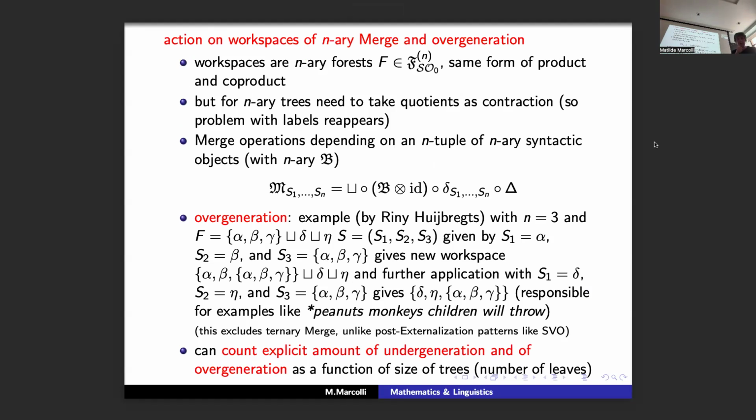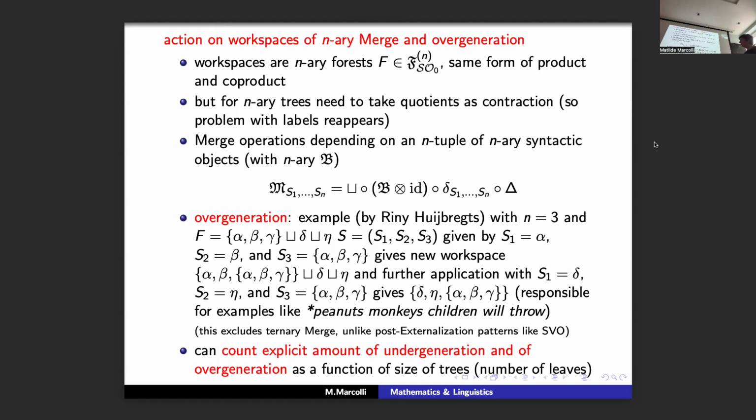But you would also have overgeneration, and there's a slight difference here in the sense that the undergeneration phenomena of a hierarchy merge depend only on the magma of n-ary trees, but the overgeneration phenomena depend on the action of merge on the workspaces of n-ary forests. And so these are just rephrasing examples that had already been discussed empirically.